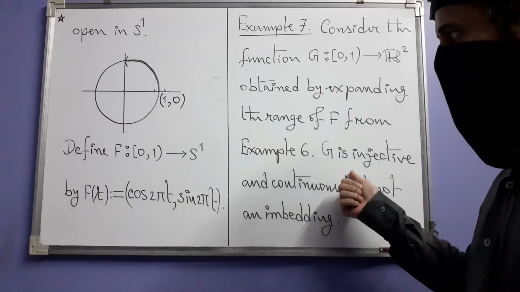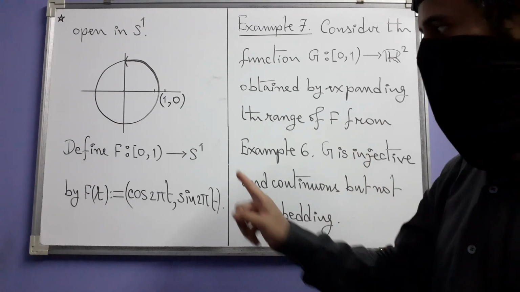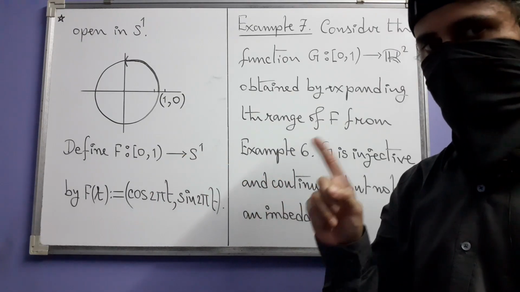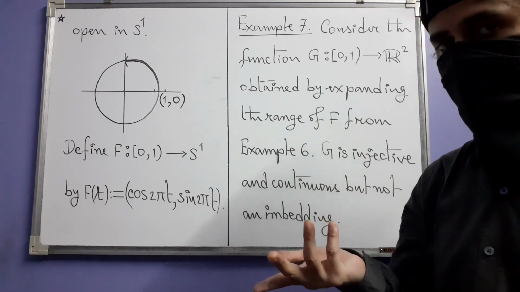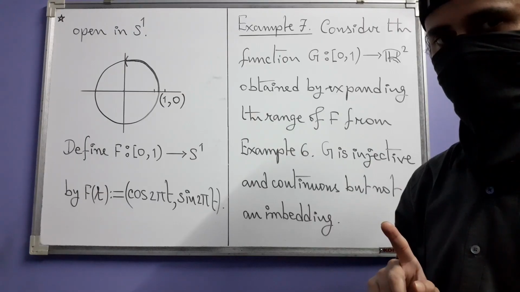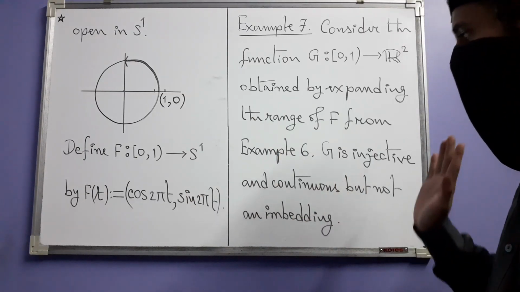Why is g injective? Well, what did we do to get g from f? We just changed the range, because our original f is bijective, so it's injective as well, and injectivity has nothing to do with the range. It's all about the function rule and the domain, so injectivity is retained.